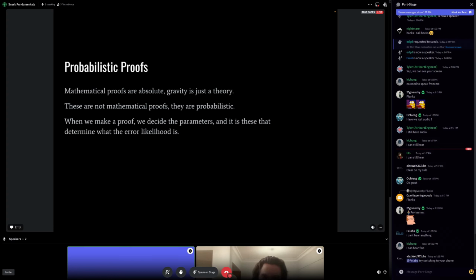It's actually a probabilistic proof. It's statistical. It's just saying the chance that this proof could have been faked is so small that we can essentially treat it as true. And how small is that error term? We decide when we make the proof. We pick some parameters, and we have standards in cryptography where we expect the error term to be so small that it will essentially never happen.